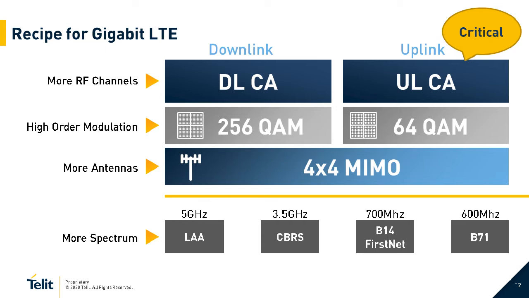So let's start with this recipe for Gigabit LTE. Now, Gigabit is actually 1 million bits. As you can see, Giga is 1 million bits per second. And so it's a significant milestone actually on the road to 5G. But in LTE, this is the highest speed they have achieved, which is the 4G.